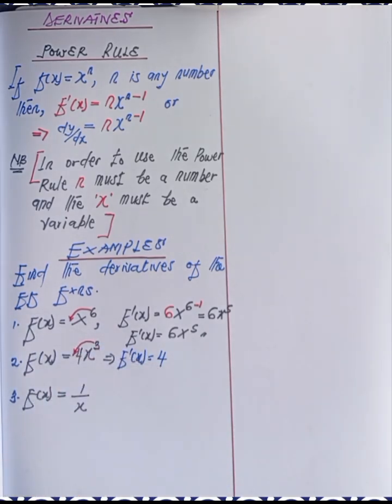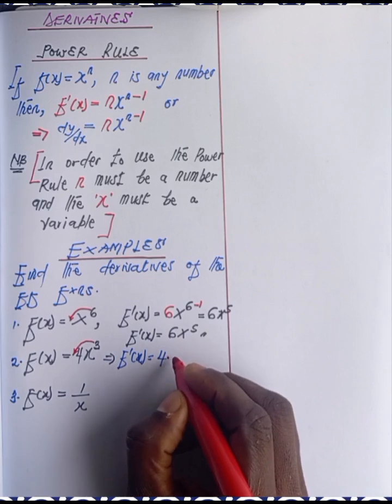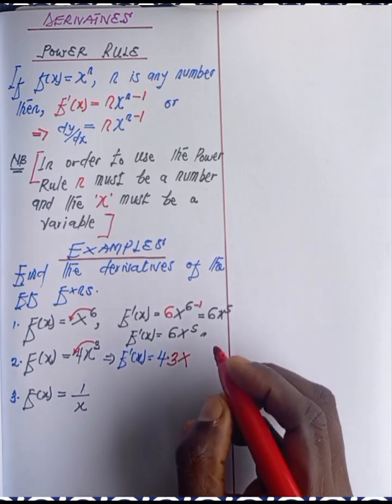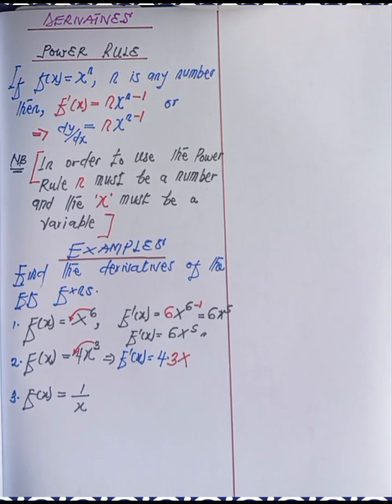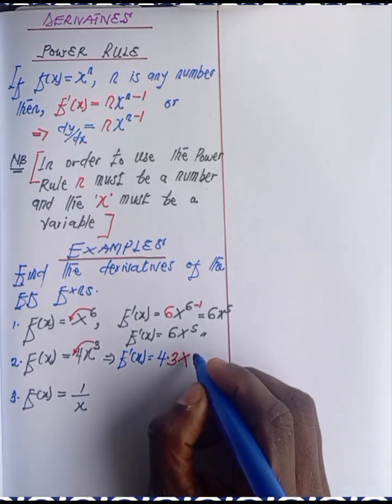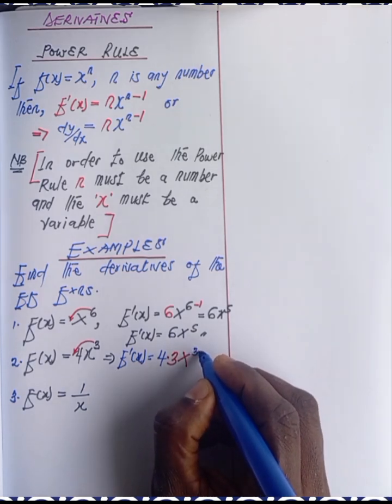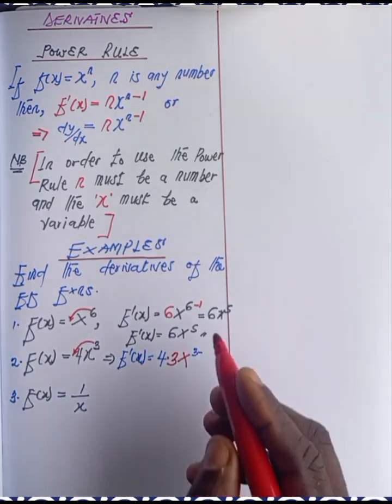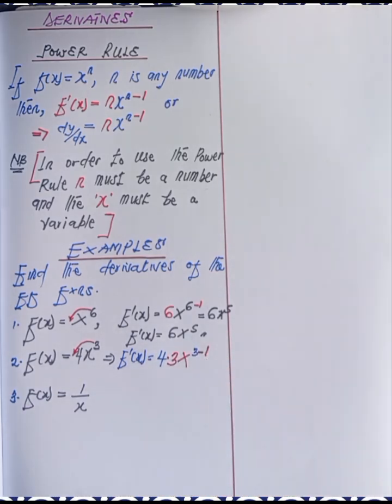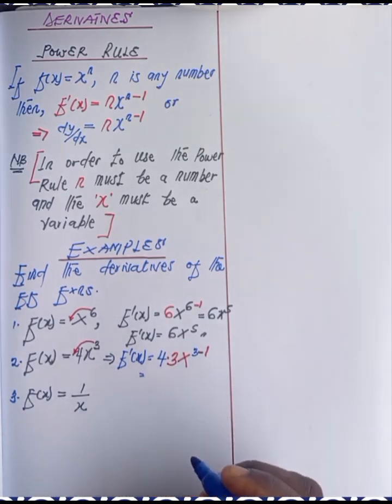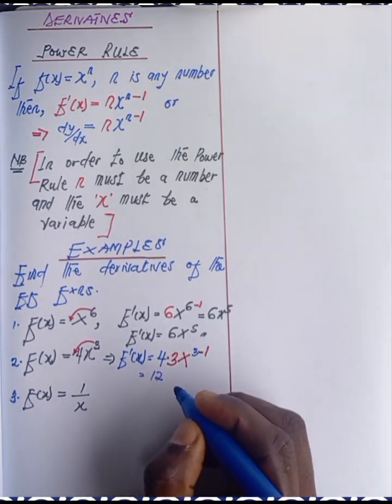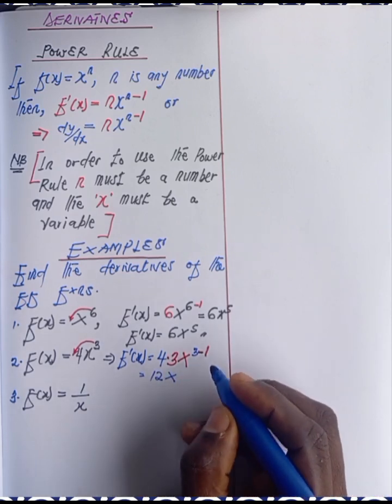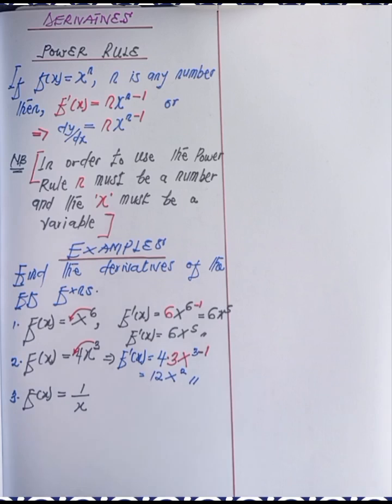So we are going to have 4 times 3, and then x exponent 3 minus 1. 4 times 3 is 12, and 3 minus 1 gives 2, so 12x squared is the derivative of the second example.